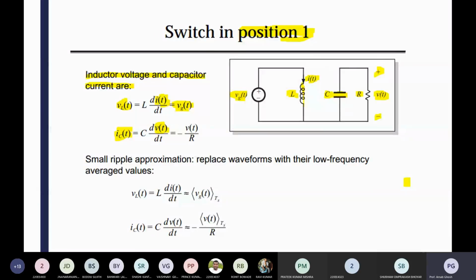So three things are most important: iL0, iL1, and iL2. Three things are there.